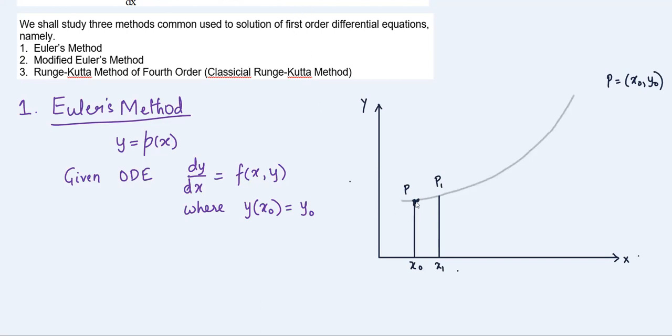Then the next one. So how do I proceed? Suppose I want to find the next point. If I can find some 10 or 20 points on the curve, then from there I can do interpolation and establish what the curve is. So what we want is to find out what this point P1 will be. P1 should be x1 comma y1.